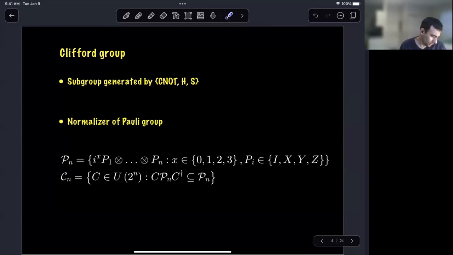So I just want to emphasize that we have these two equivalent definitions. The first one is based on the circuit model, and the second one is a more algebraic definition. They're equivalent, and sometimes it's easier to work with one definition in different contexts.